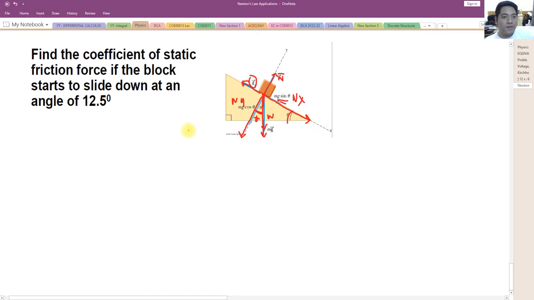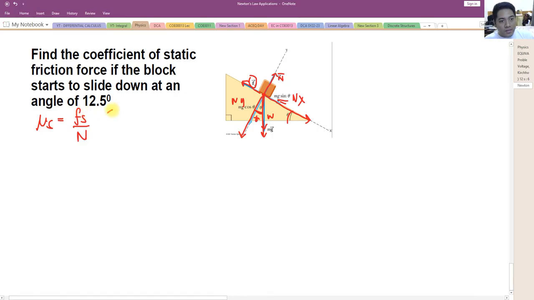So the coefficient of static friction is F sub S all over N. From the formula, static friction equals mu sub S times N. So we need to find the F sub S and N in order for us to solve this.